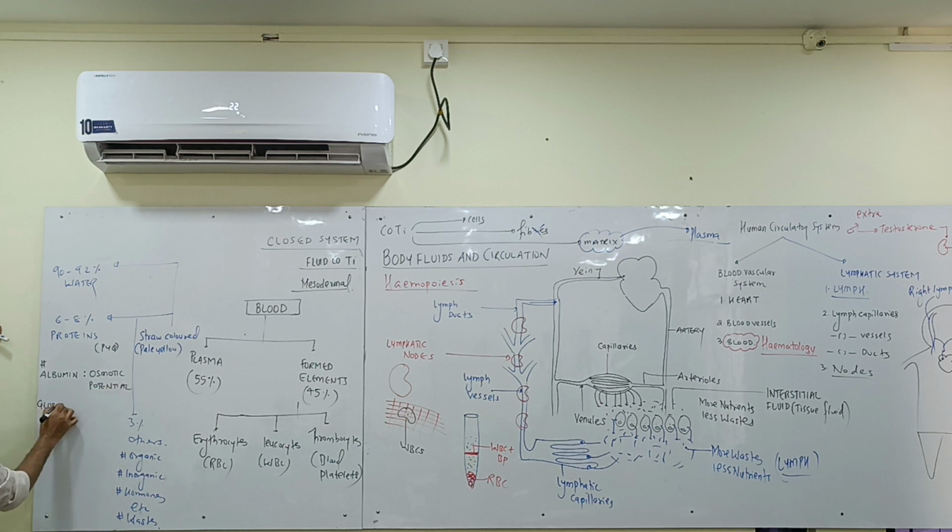Then you have got globulin, which is a defense protein. Then you have fibrinogen, which is a clotting factor, and many more which you know. Like one of them is heparin, which is an anticoagulant.